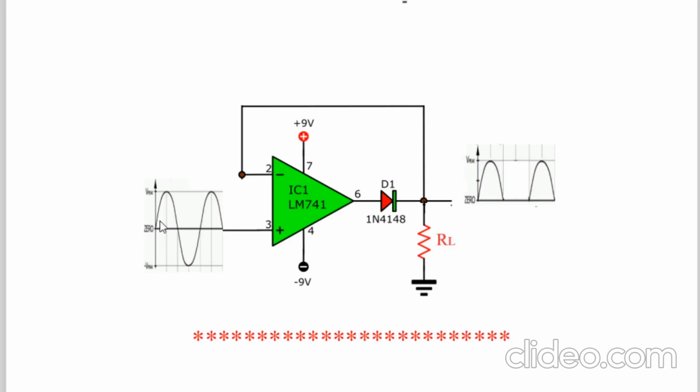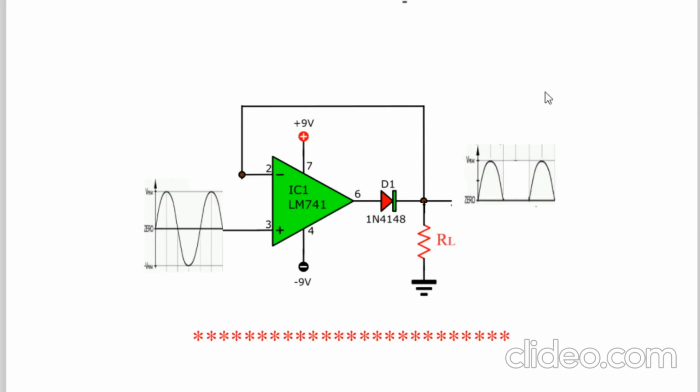And thereafter, no doubt, once it starts working as a unity gain amplifier at 10 millivolt, at 100 millivolt it will also work, at 200 millivolt, 500 millivolt. So above 10 millivolt it will work as a unity gain amplifier, and therefore it is said that a super diode is very important, and it plays a role in converting the entire positive half cycle below 0.7 volt into a positive half cycle at the output of the rectifier circuit.